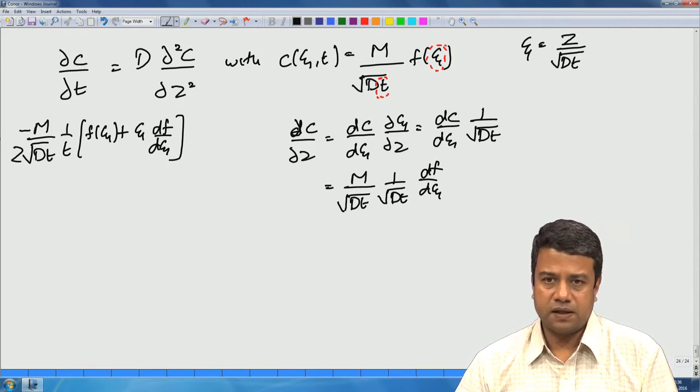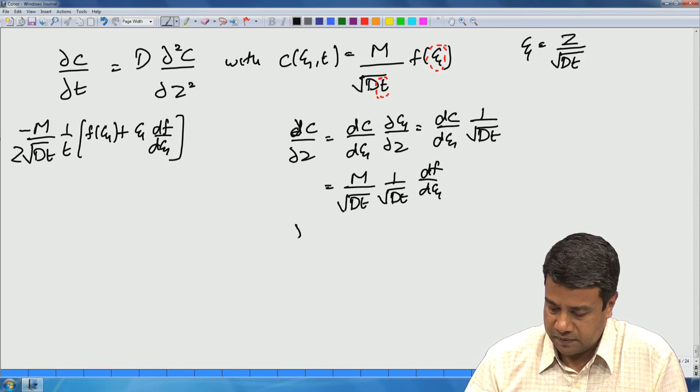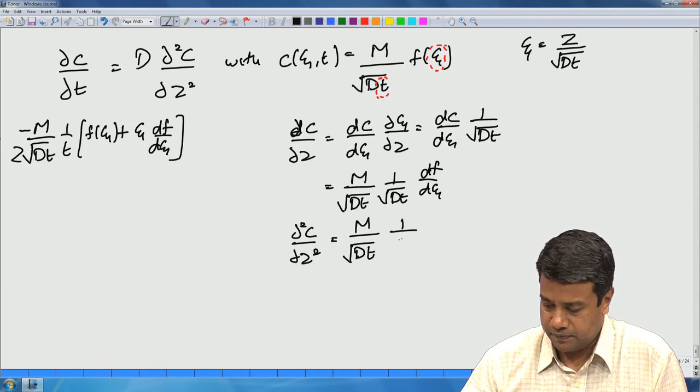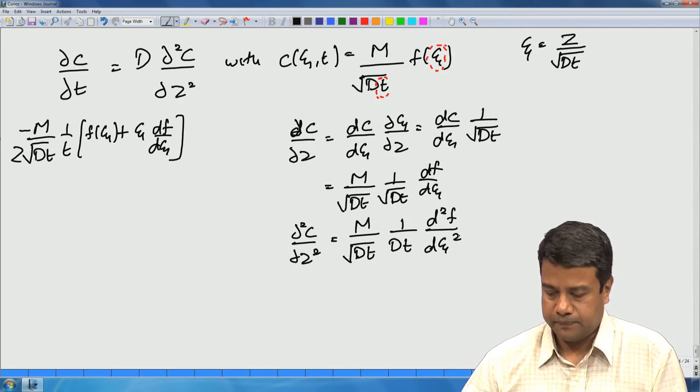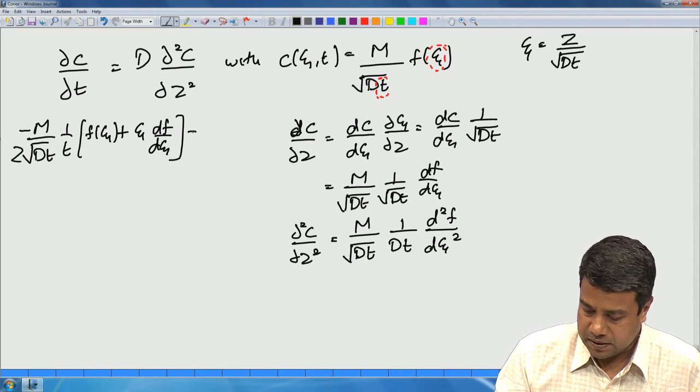And when I take a second derivative, I will get one more factor of 1 over root Dt. So, when I take a second derivative, partial square c by partial z square is equal to, let us put that in as well.